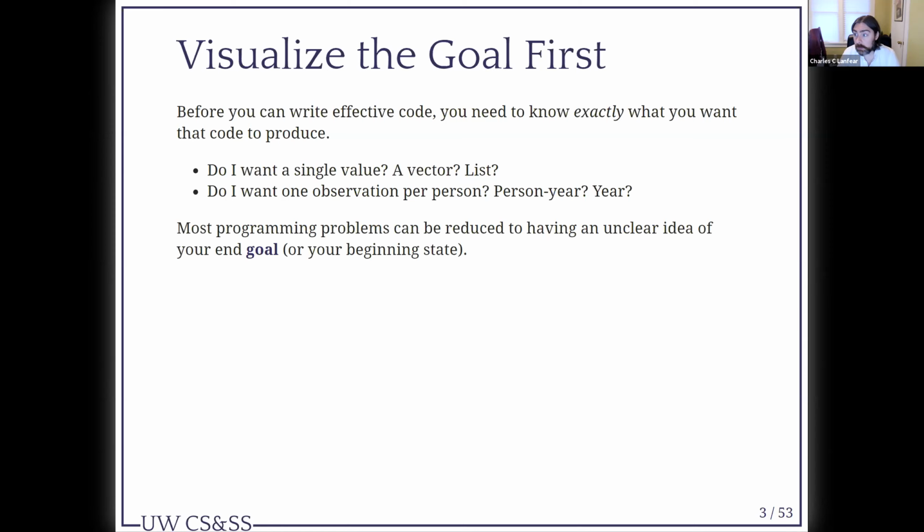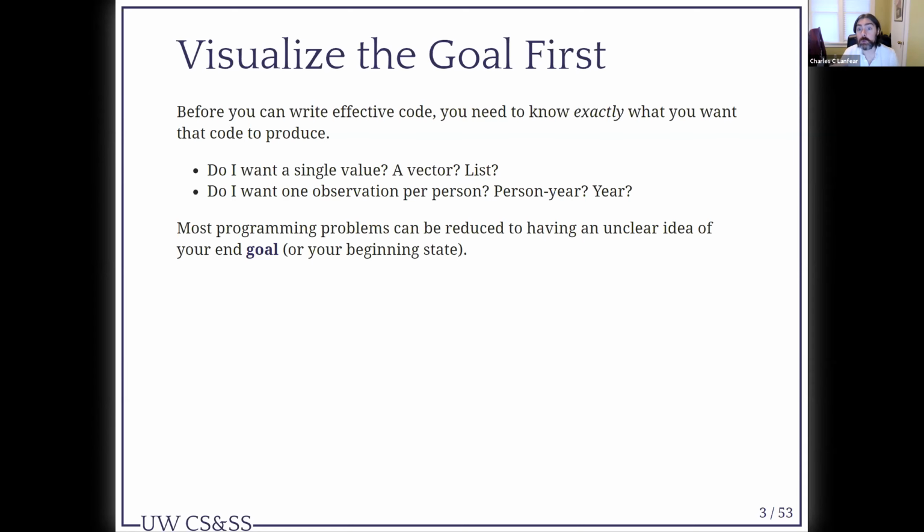Most programming problems can be reduced to having an unclear idea of your end goal or the beginning state you're in. Most of the time when people are struggling, I realize quite quickly that they don't know what they want, or they don't know what they have. If you don't have the necessary data to get where you want, nothing you do is ever going to get there.